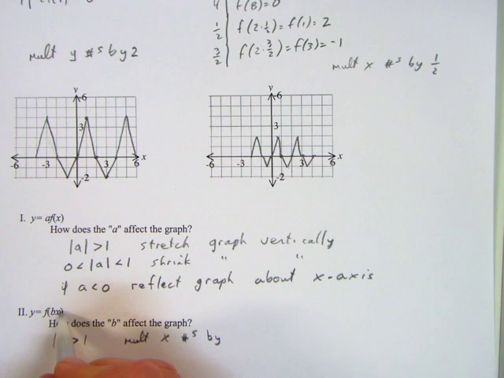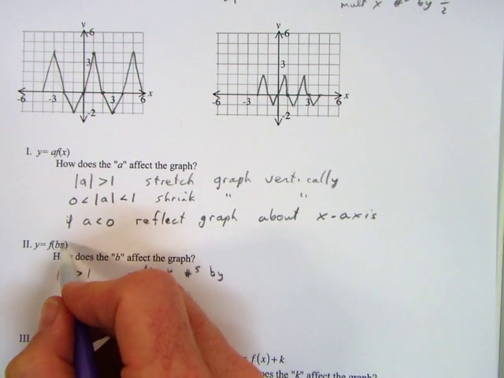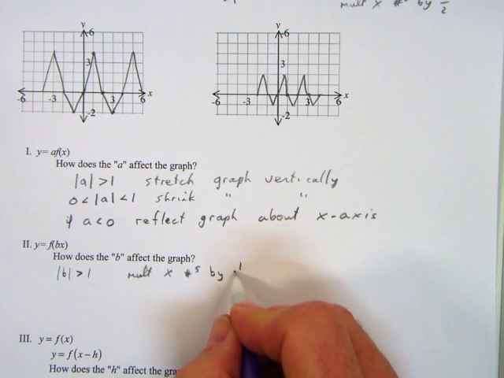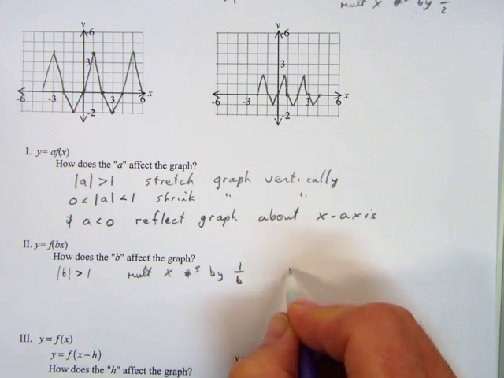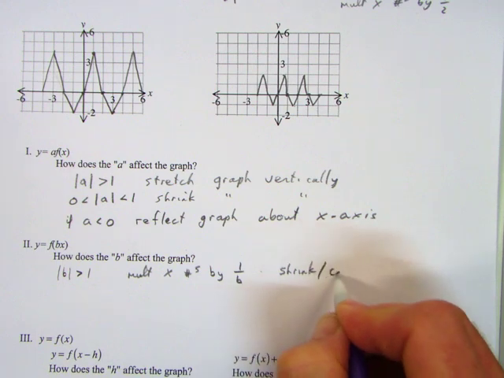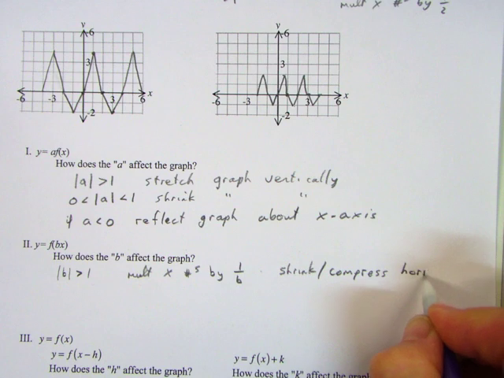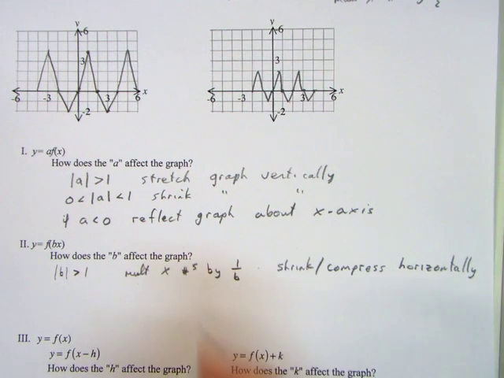What would I plug into bx in order to get 1? I'd have to plug in 1 over b. We're going to multiply those by 1 over b, and what this is going to do is, you could say, either shrink or compress horizontally, because we're affecting the x numbers here.